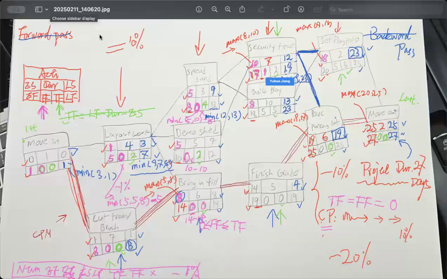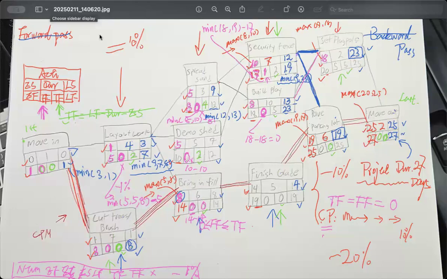That will be equal to the minimum of 18 or 19 minus 17. This one, because it only has one successor, will be 18 minus 18, you get 0 over here.